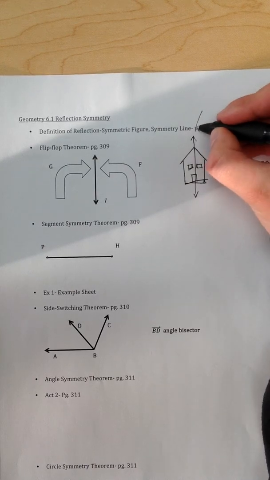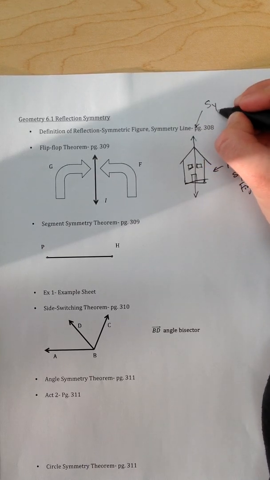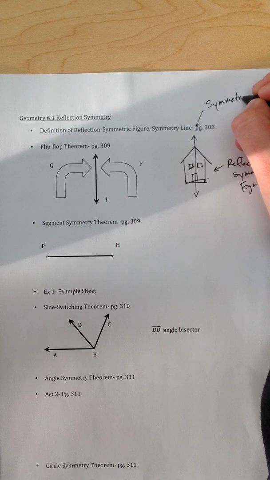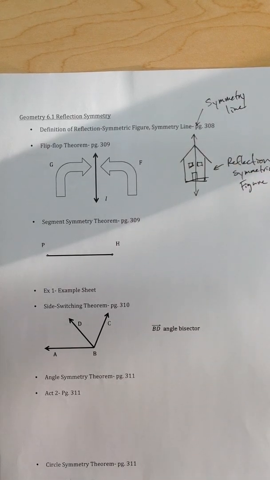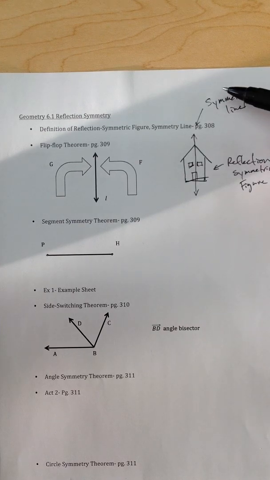And this line that we're flipping over, that's what we call our symmetry line. Our symmetry line is basically our line of reflection from before. So if you can fold that shape over, it's reflection symmetric, and your actual fold line would be your symmetry line, the line that splits it directly in half.